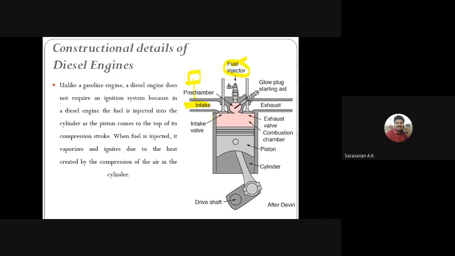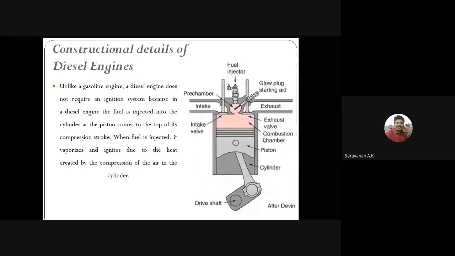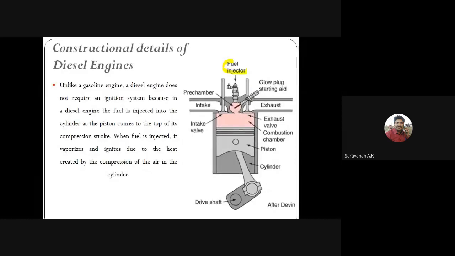These parts are all the same for the diesel engines and the petrol engines, but the only difference is that instead of the spark plug we are using the fuel injector, and here we have a chamber called the pre-chamber.